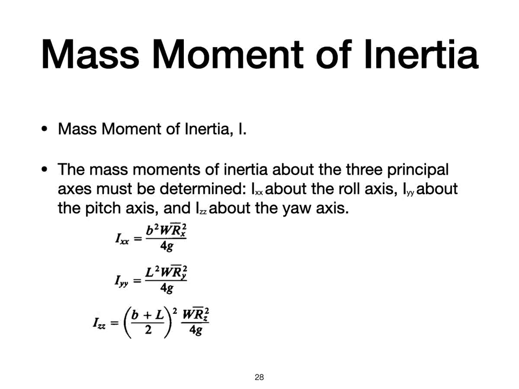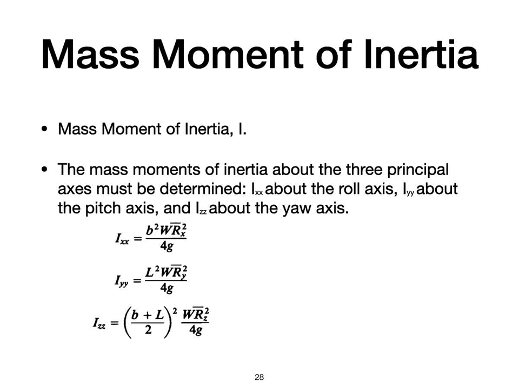The mass for rotational accelerations is represented by mass moment of inertia terms denoted by capital I. Mass moment of inertia describes a body's resistance to rotational accelerations and is calculated by integrating the products of mass elements and the square of their distance from the reference axis.